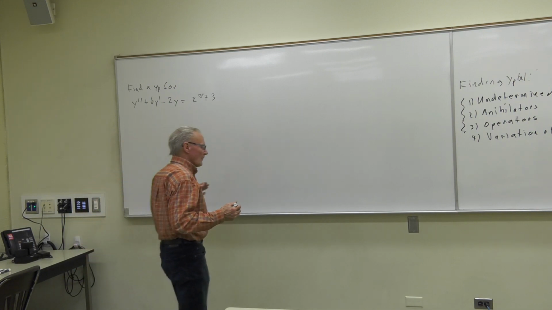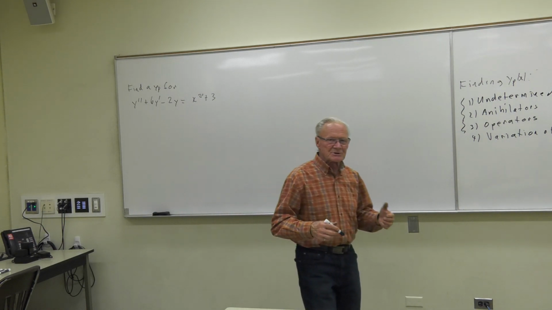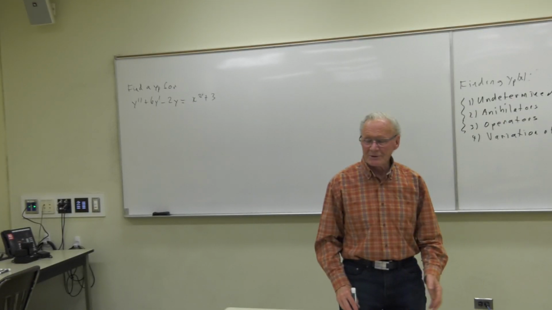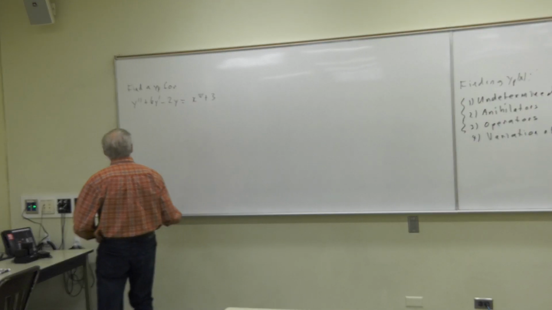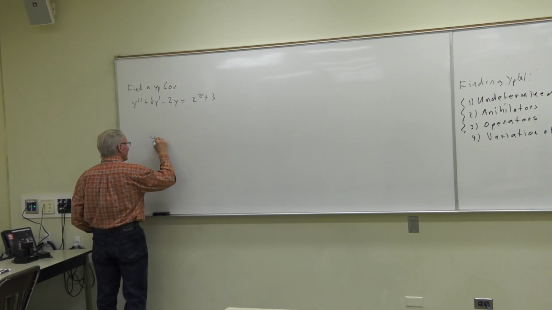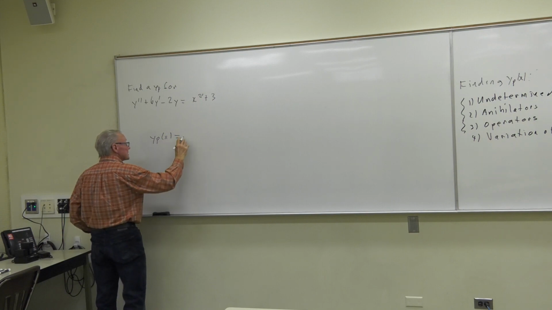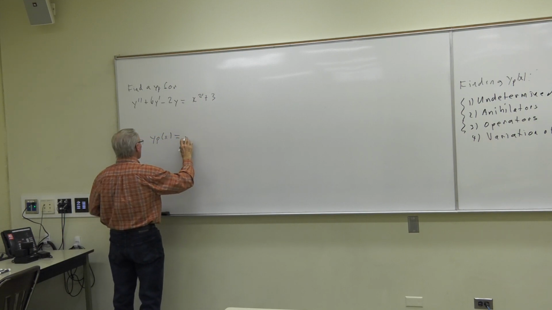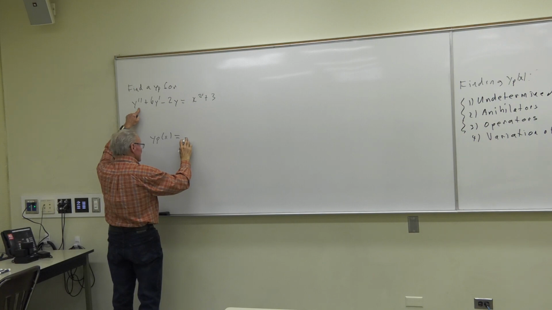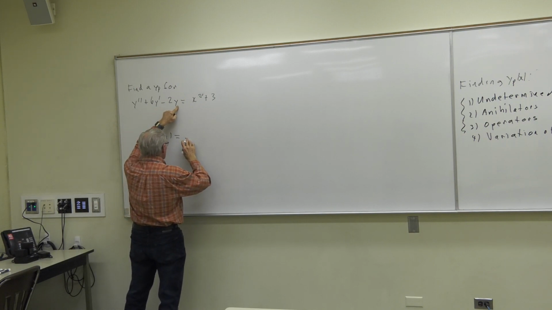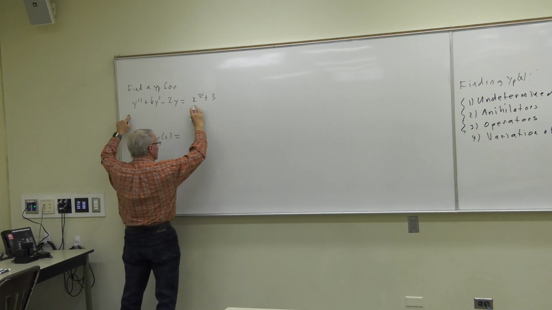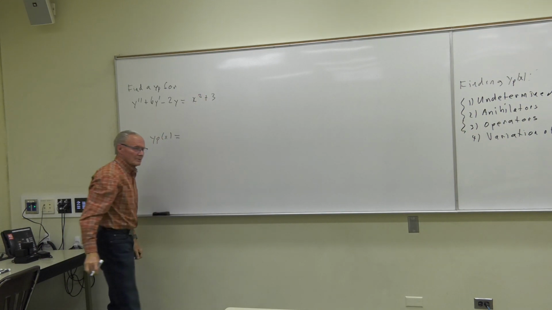All undetermined coefficients is intelligent guesswork. That's all it is. It's saying, what would you think to put here, so that when I differentiate it twice, and I differentiate it once, and I put it there, and I do all of this, I'd end up with x squared plus 3?